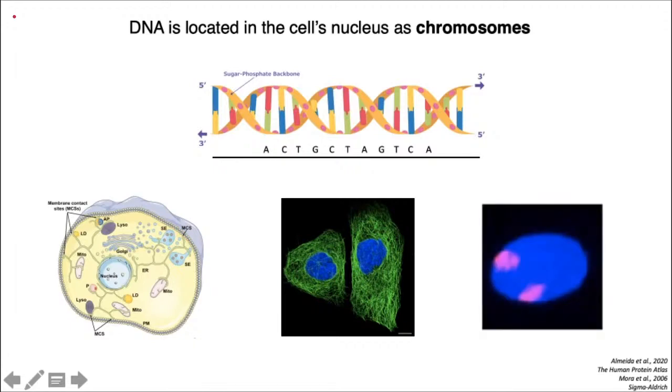Also, DNA is not just randomly organized in the nucleus. It actually forms very complex structures. Each DNA molecule is organized in a chromosome. Here you can see two different chromosomes labeled inside the nucleus. They occupy very distinct spaces in the nucleus.